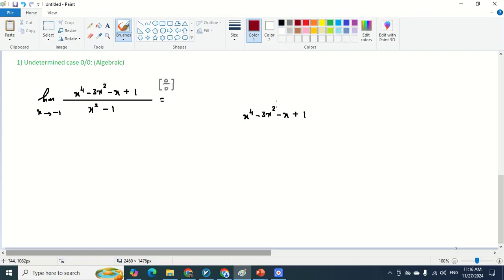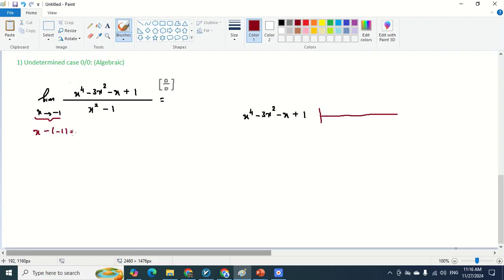The first one is 4, then 2, then 1, then 0. If it's not, you should make it so. Then I just sketch the division sign, and I should divide by x minus a, where a is minus 1, which gives us x plus 1.